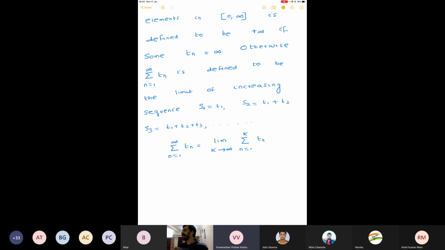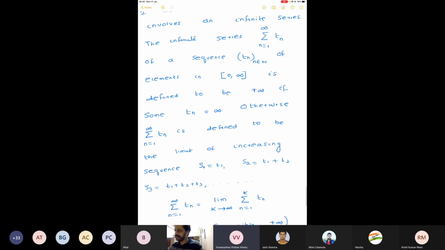What I wanted to say explicitly is that when I say this limit, I am possibly including plus infinity as well. This limit can be infinity; that is, the sequence of partial sums may diverge to plus infinity. In that case, I will consider this summation to be plus infinity. So if one of the T_n is plus infinity, then I will consider summation T_n to be plus infinity.